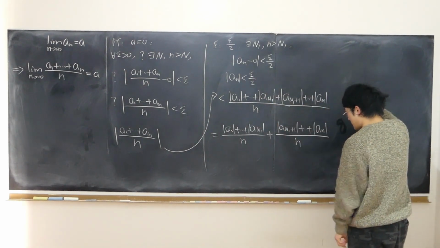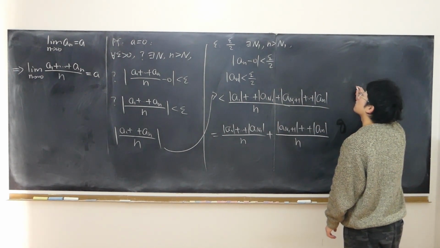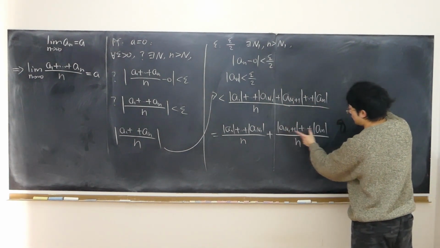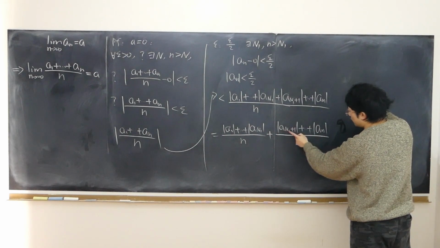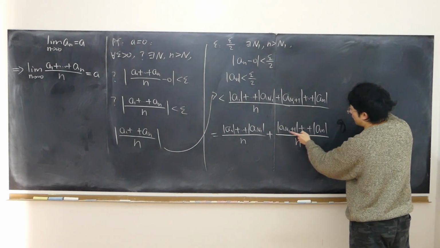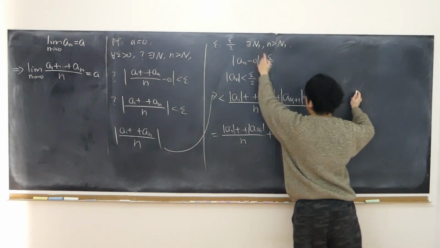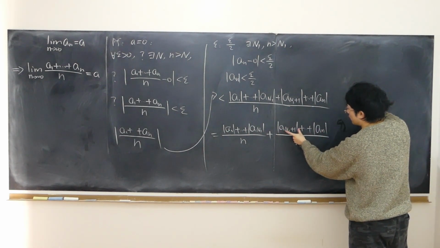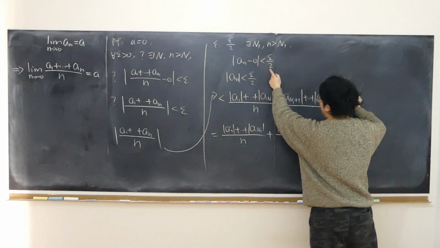Now, when little n is large enough, every member here, the subscript is already larger than capital N1. So every single item in the latter part is smaller than half epsilon.